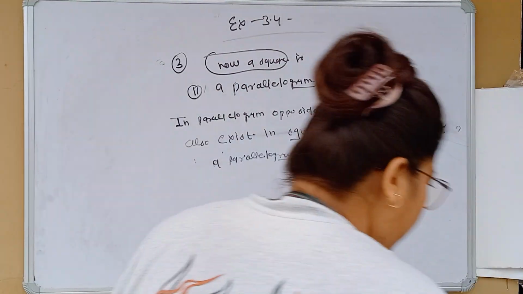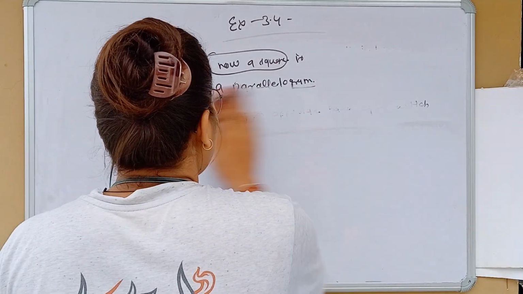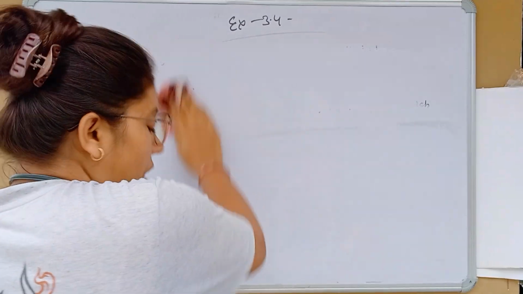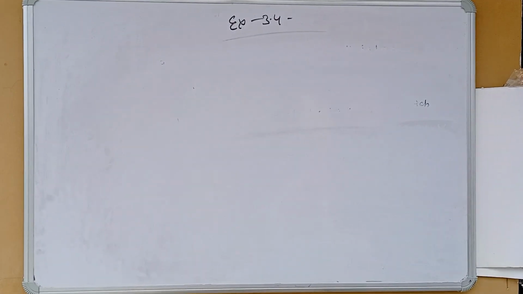So now understand the next question. That is the third question. So what's the third question? How a square is a rhombus.